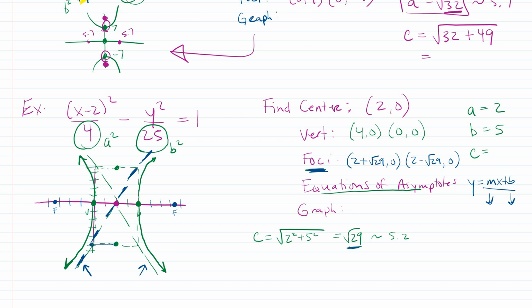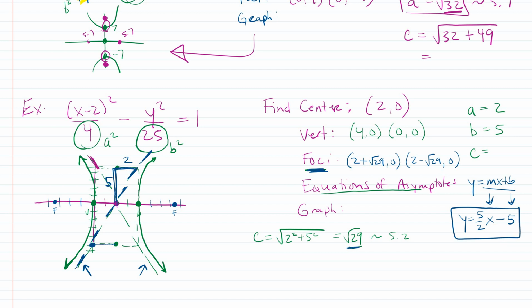So this is crossing the y-axis at -5. So that's our b value. And then the slope of this line, rise over run, is just this distance here, 5, and then this distance here, 2. So y equals 5 over 2 x minus 5.